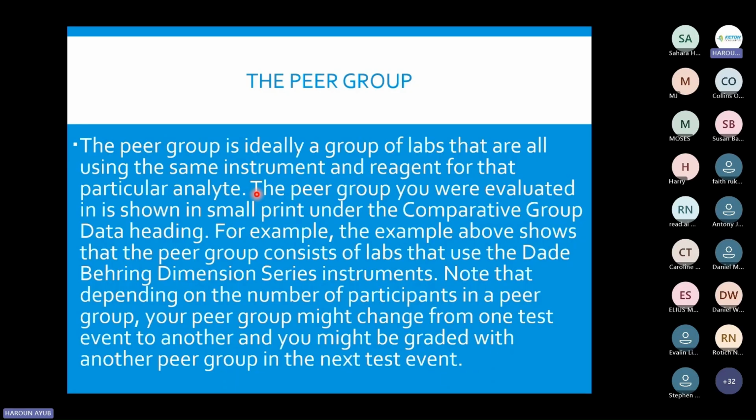So this usually varies from survey to survey, because if instruments that are using the same method as you did not submit in this particular survey, they might submit in the next one. Another case might be that ALT was not submitted by most participants in your instrument group, but in the next survey they are able to submit. And this is very important to note with differentials, since you are open to submit whatever you wish.